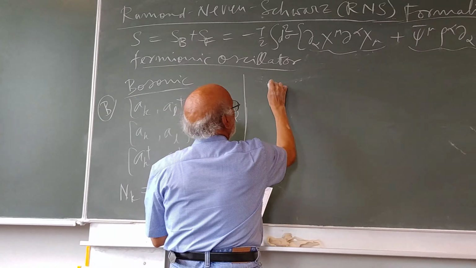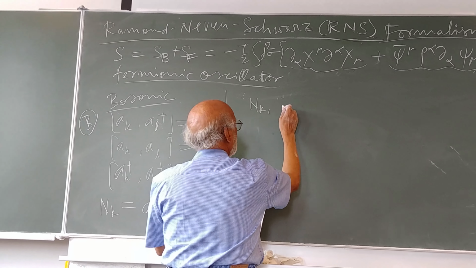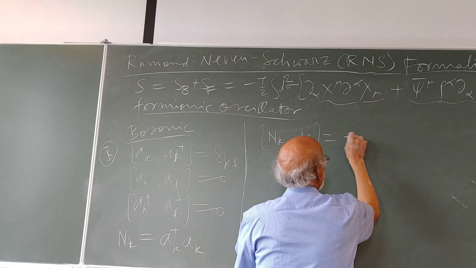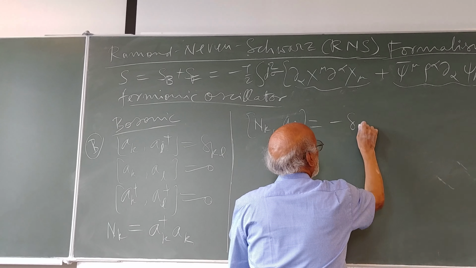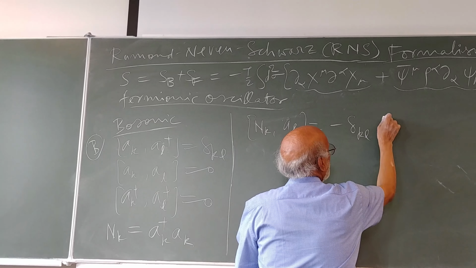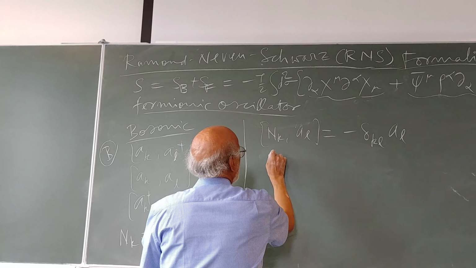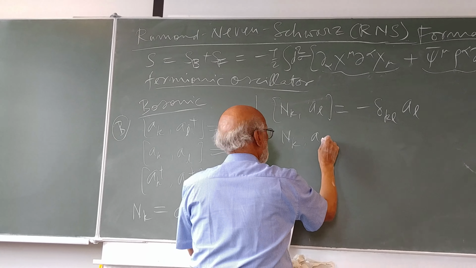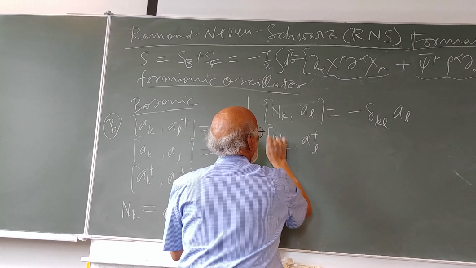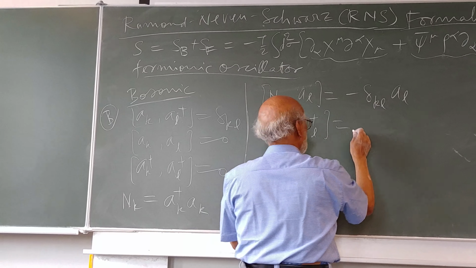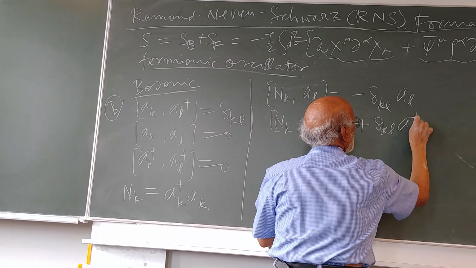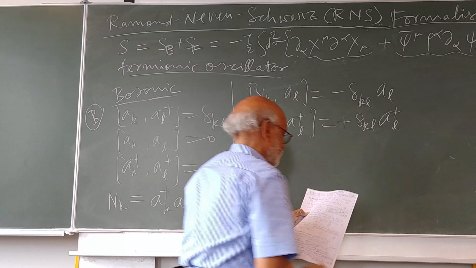So now one can easily prove that [n_k, a_l] is minus delta k l a_l, and [n_k, a_l dagger] is plus delta k l a_l dagger. Okay.